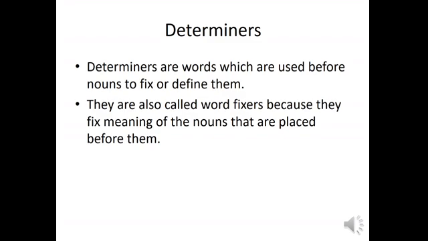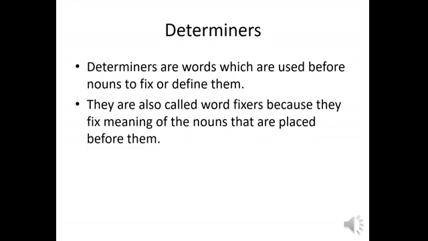They are called word fixers because they fix the meaning of the noun. The word that gives added information or a meaning to a particular noun is called a word fixer. You can see it here in the examples.